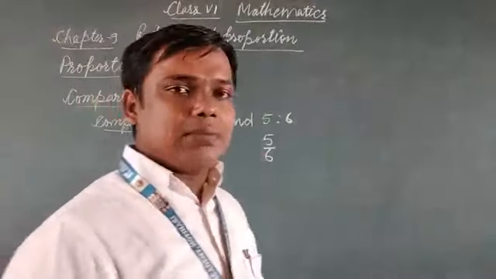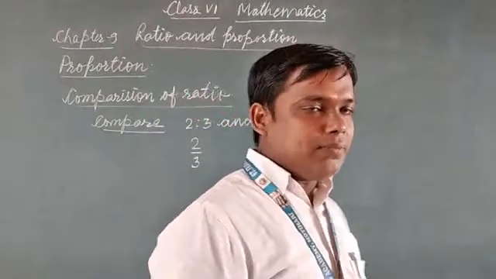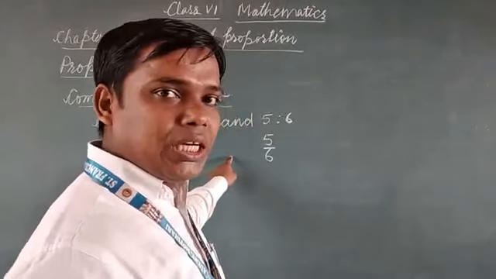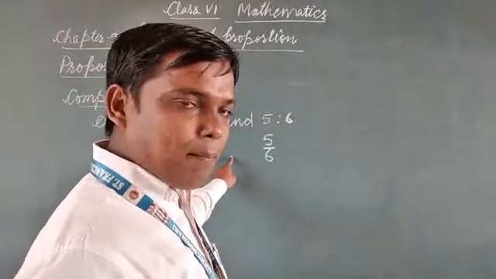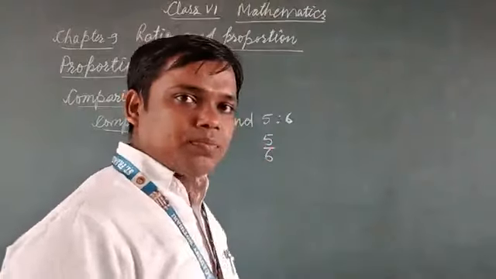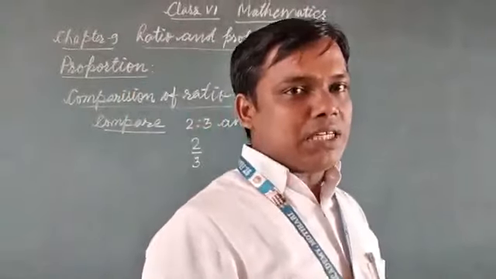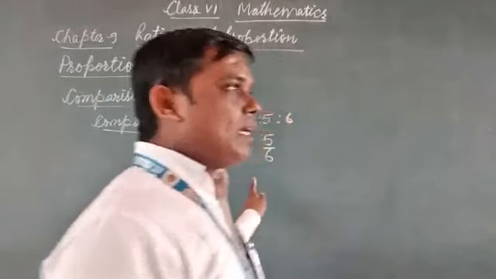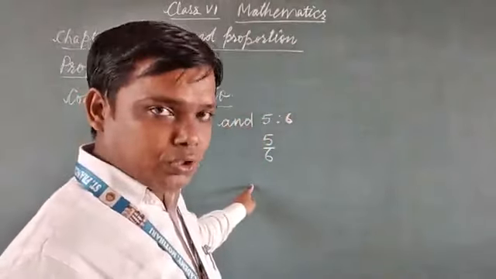Here also we have the same method to apply, either by writing these two ratios in like ratio by making their denominators equal, or we can use the cross multiplication method to compare these two ratios.